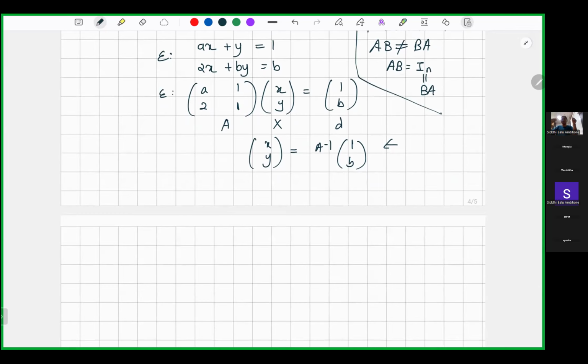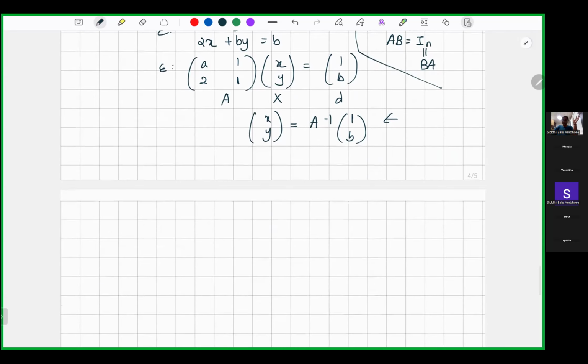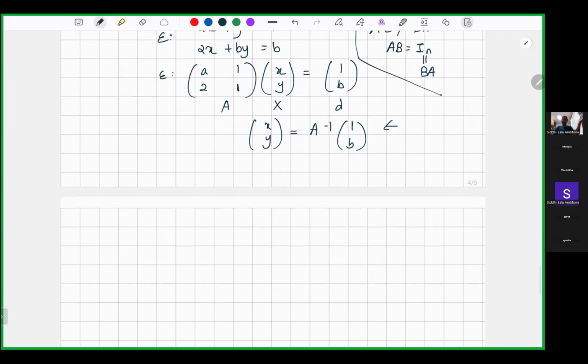And that's why when I take A inverse and multiply it on the left side of the equation, it will give me the solution for this non-homogeneous system of equations. And when will that be invertible?